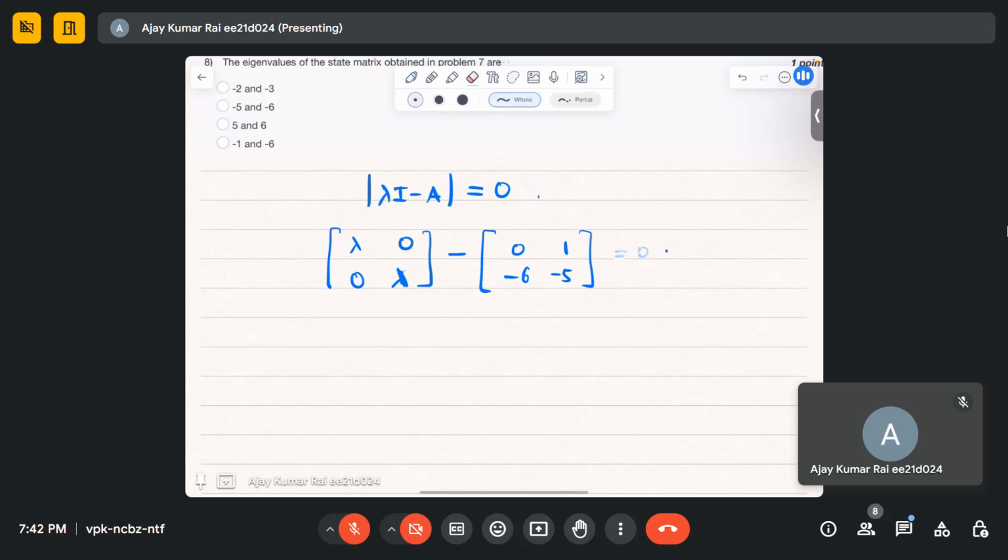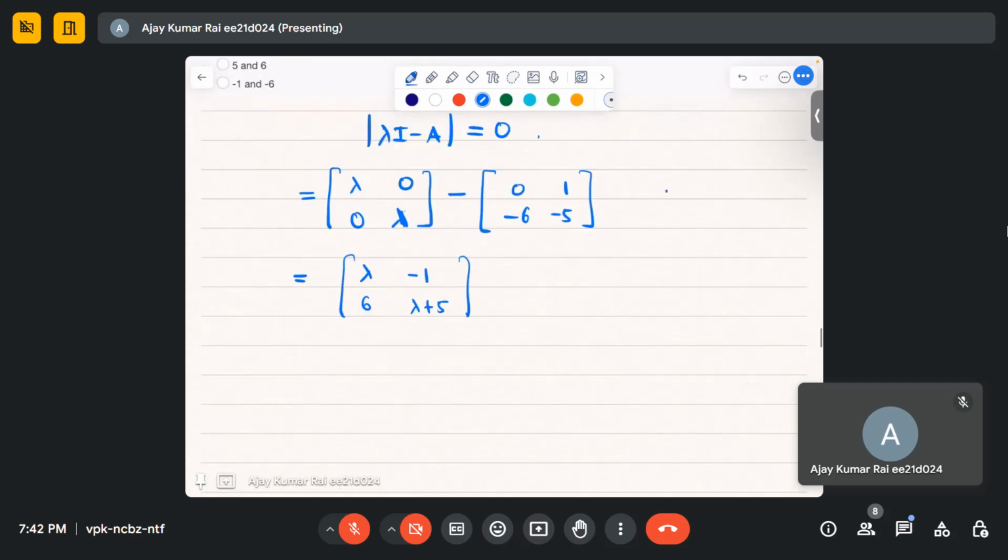Not equal to, first we are finding the matrix, then we'll take the determinant. Which is equal to lambda, minus 1, 6, lambda plus 5. So this is the matrix lambda I minus A, and now we have to take the determinant of that.